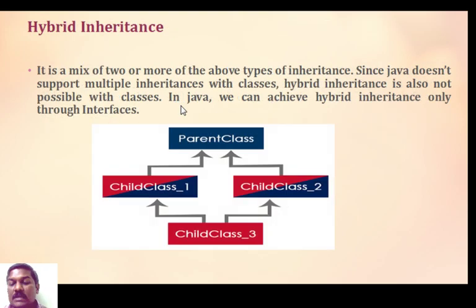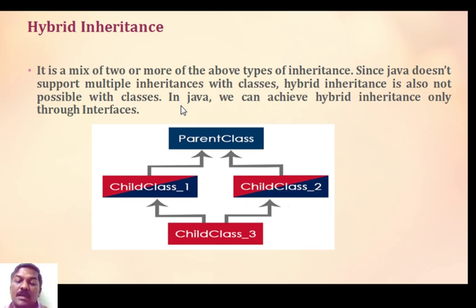The next one is called hybrid inheritance. Multiple inheritance is not supported in Java, that's what we discussed in the previous slide. So hybrid inheritance is also not supported in Java. Since Java does not support multiple inheritance with classes, hybrid inheritance is also not possible, because hybrid inheritance is the same concept as multiple inheritance.